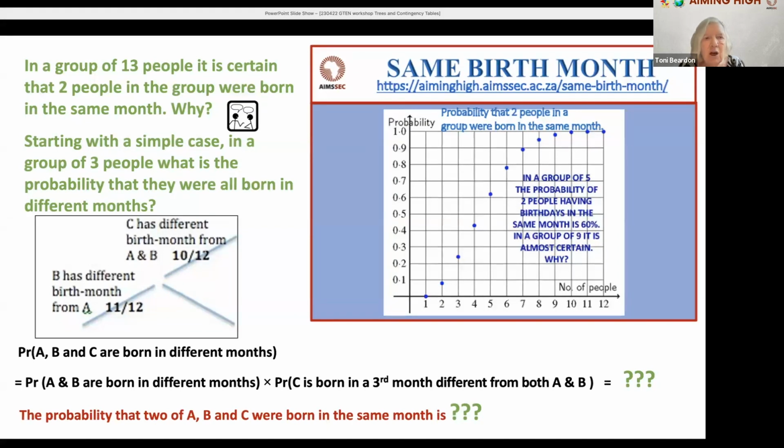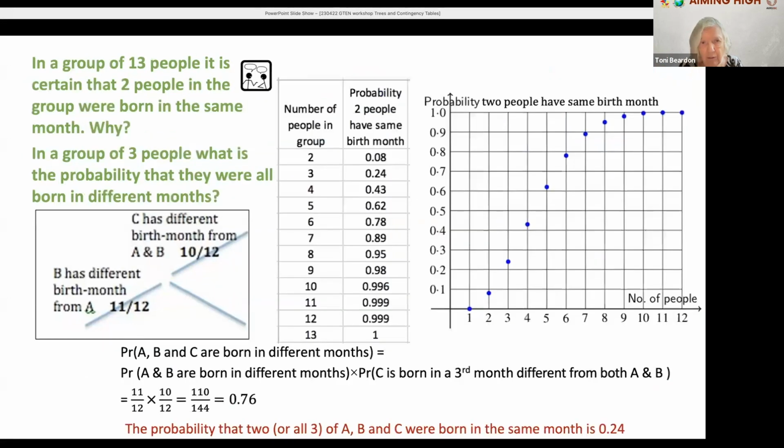and then for the third person, the probability that their birthday is different from the other 2, there are 10 months left, is 10/12, and the probability that all 3 are born in different months is 11/12 times 10/12. And it's repeating that calculation that gives you the answers that are plotted in that graph.